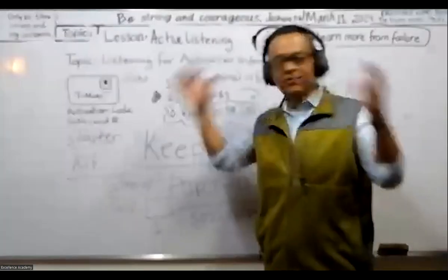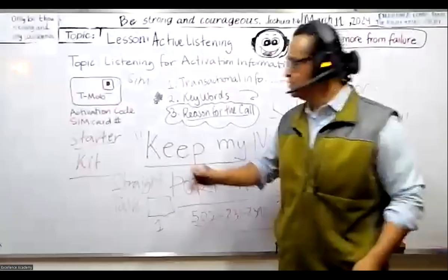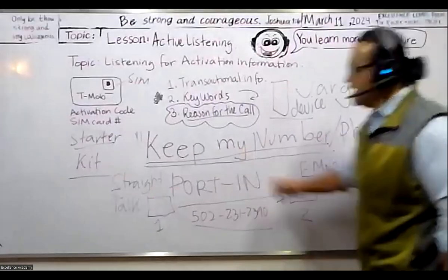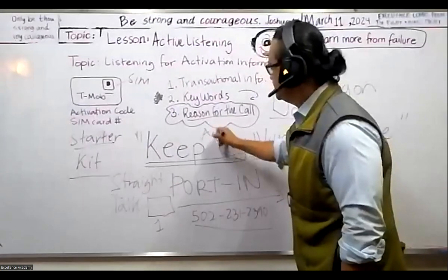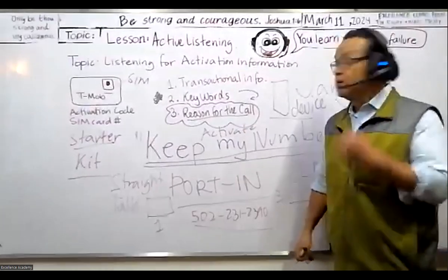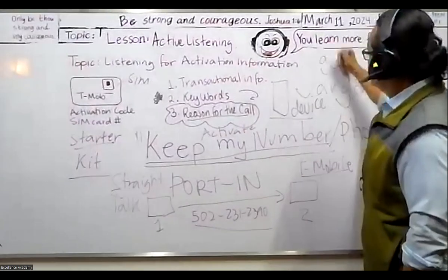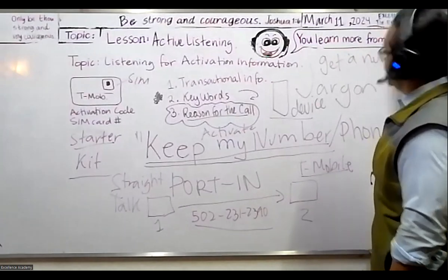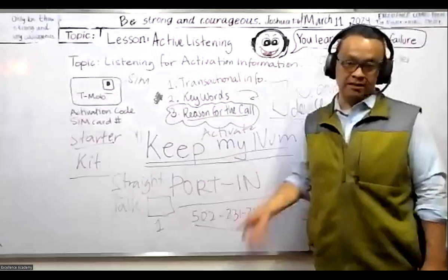From everything that I said regarding the concern, the most important words were "keep my number." And if the customer says activate, then you know he's talking about an activation. Or if the customer says, I want to get a number, that means that the customer wants to get a new number and wants to discard this number and get a brand new number.